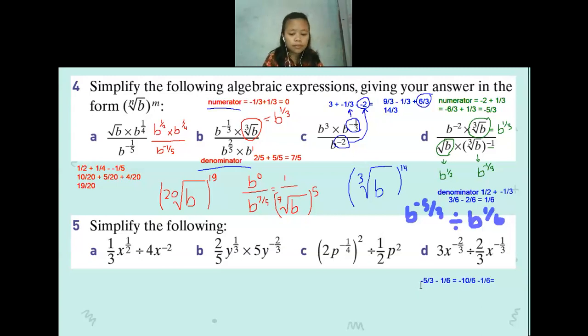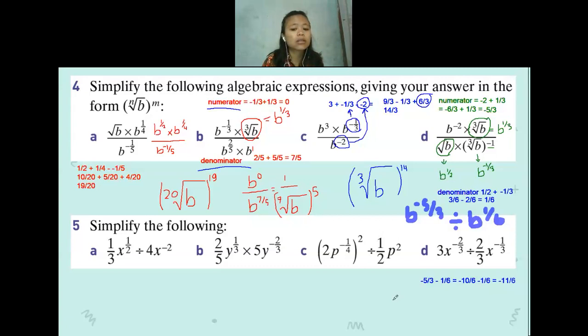So in the end, it will be how many by 6? Negative 10 by 6 minus 1 per 6. You can focus on the numerator only. Negative 10 minus 1, it will be negative 11 by 6.